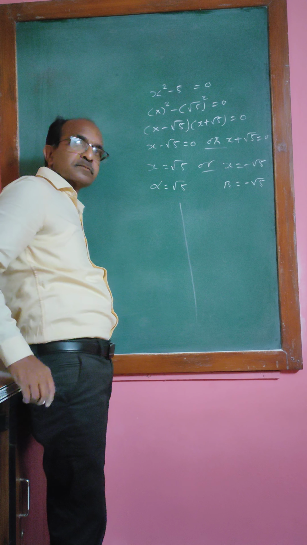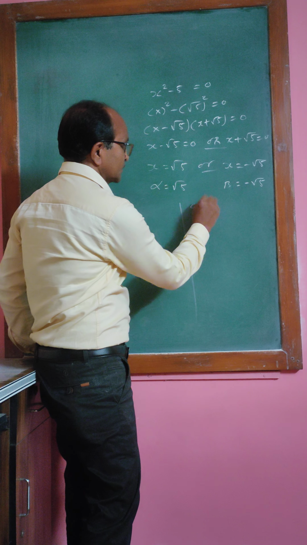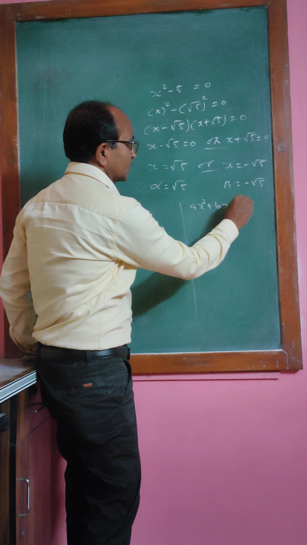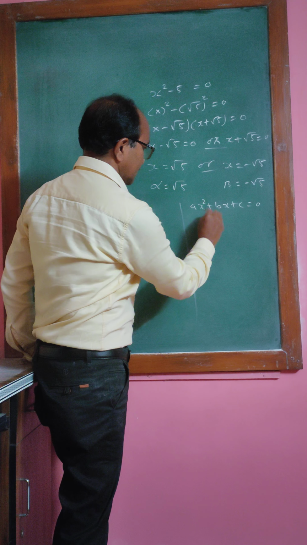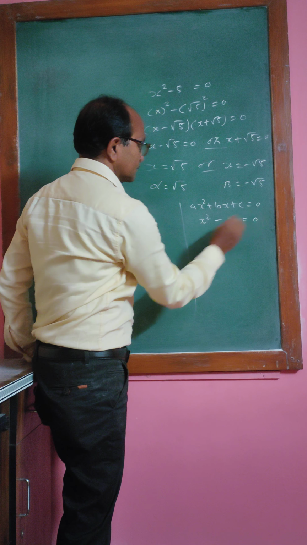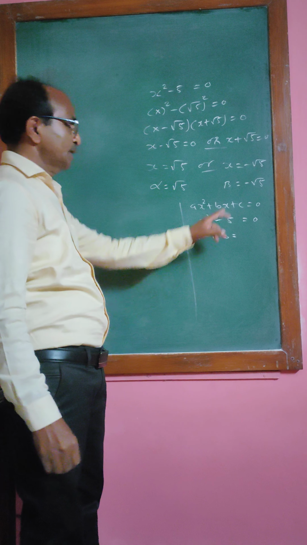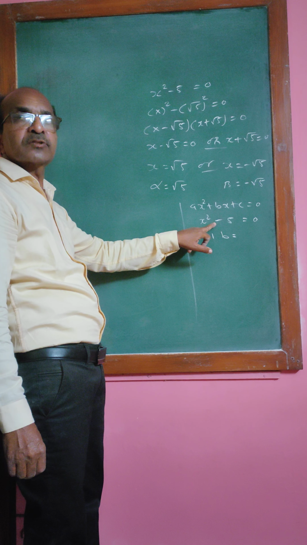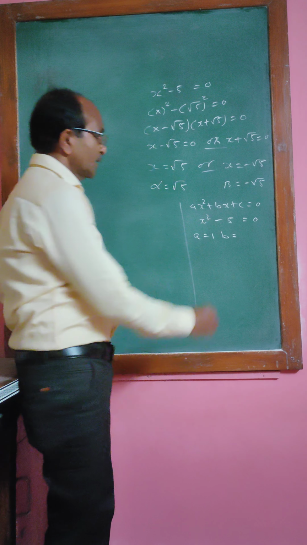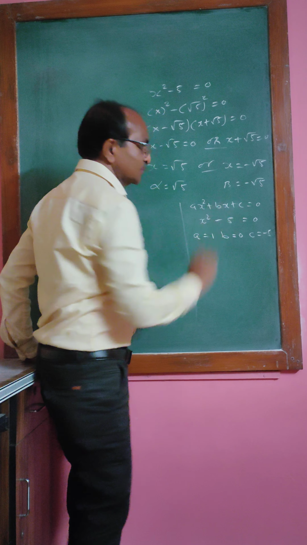We have to verify using the formula ax square plus bx plus c equal to 0. Comparing with the given equation, a equal to 1, b, the coefficient of x, is not given here and hence it is 0, c is equal to minus 5.